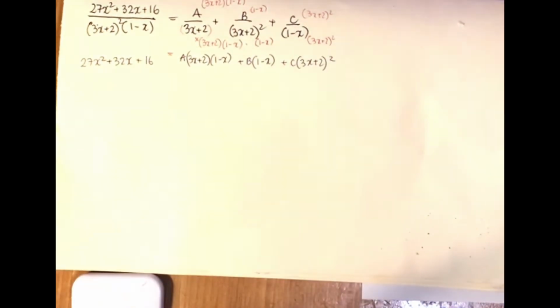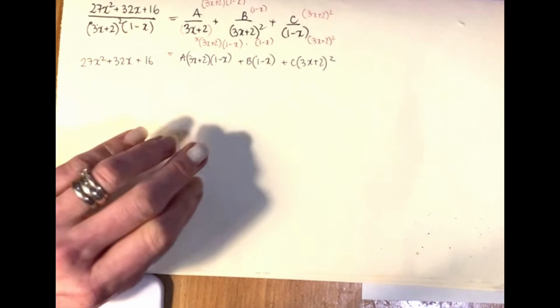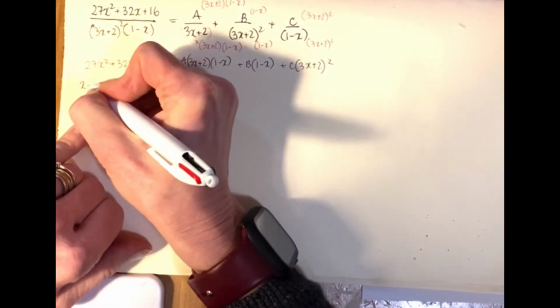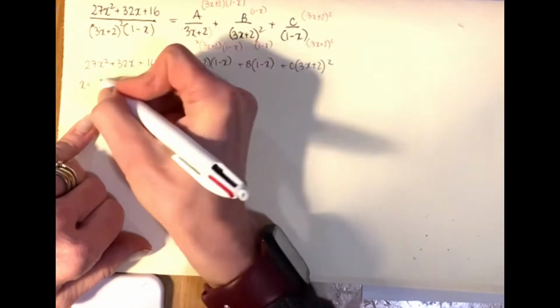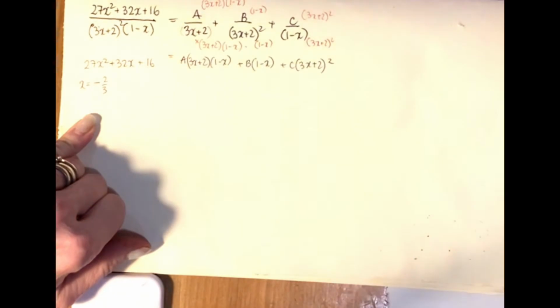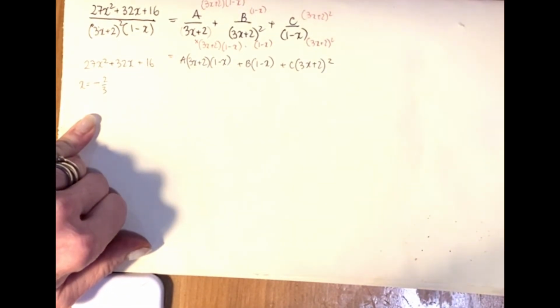So the first value that we're going to use for x is, if you make this one equal to 0, x equals minus 2/3. We're going to substitute minus 2/3 into the left-hand side of this fraction.